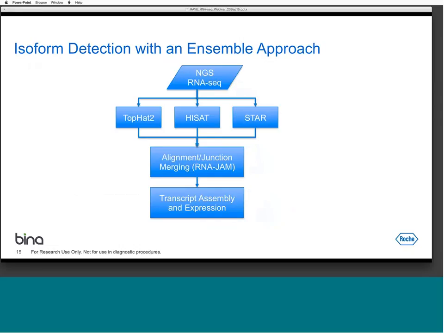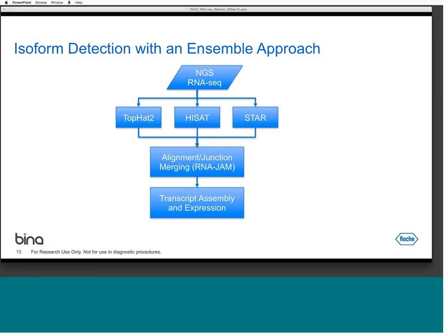This BAM file can then be subsequently passed to transcript assembly and expression to get the isoforms and the differential expression. RNA-Jam essentially takes the alignments of each aligner, rescores them, and then picks the best scoring alignment. So it will pick the alignment that it feels is the most accurate in terms of comparing to the genome.